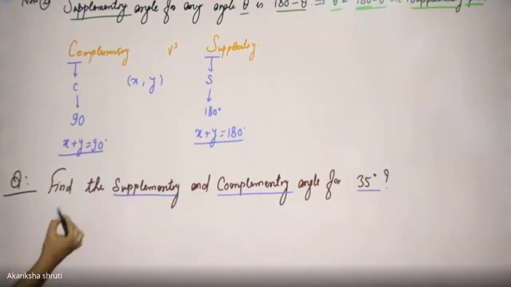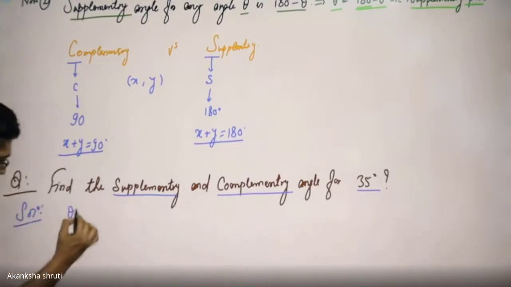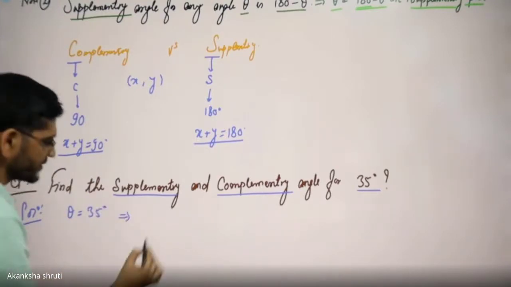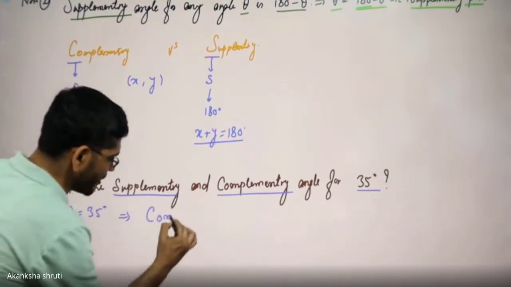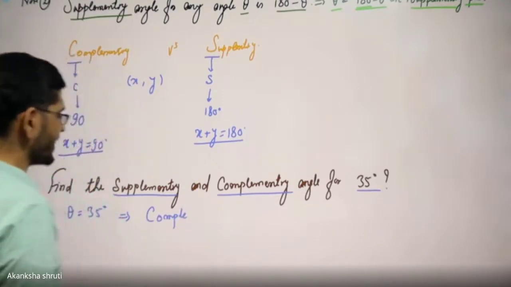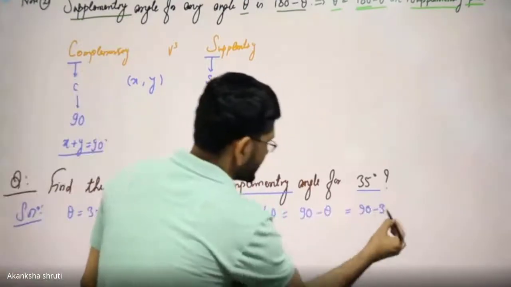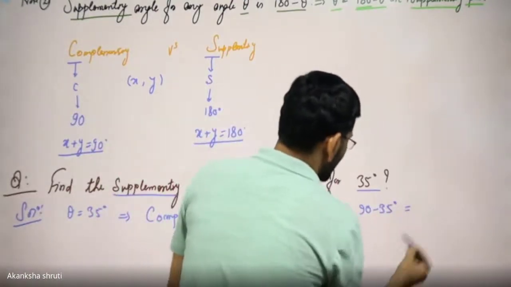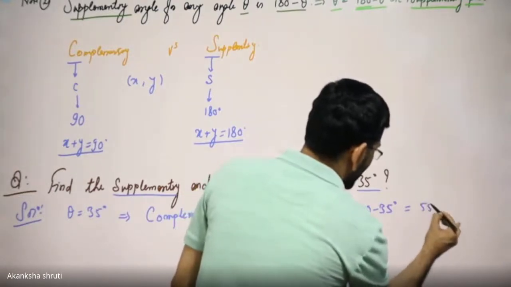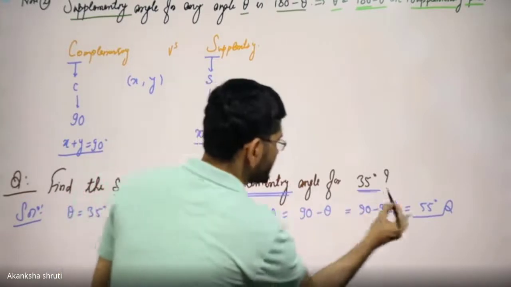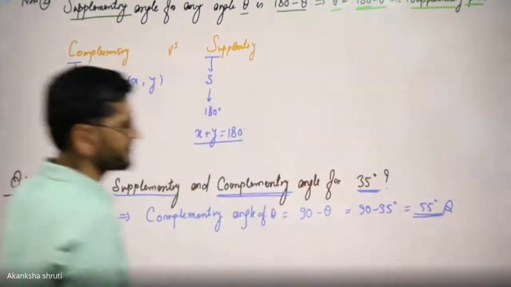Very simple thing. Here we are given one of the angles, theta, as 35 degree. Therefore, the complementary angle for this 35 degree will be given by 90 minus theta. It is 90 minus 35 degree. Subtracting, we get 55 degree. So students, the complementary angle for 35 degree is 55 degree.